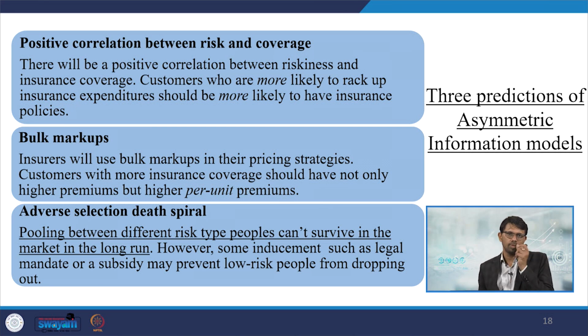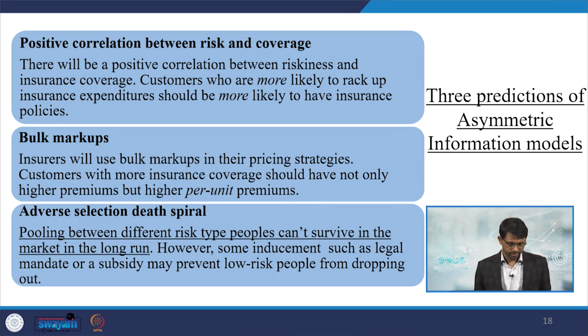In the case of the markup, insurers will use markup in their pricing strategies. Customers with more insurance coverage should pay not only a higher premium, but a higher per unit premium as well. So, that is called the markup being doubly loaded.